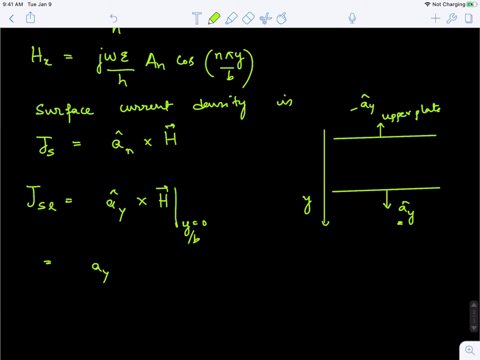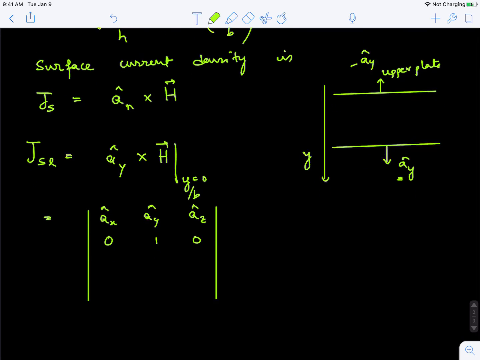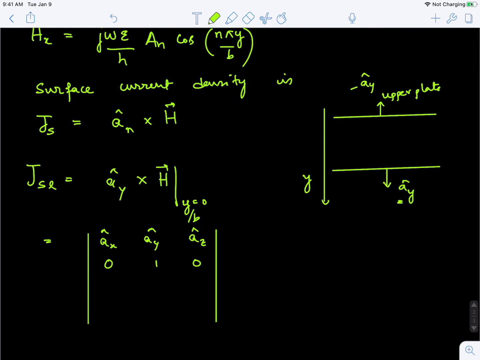So a_y cross H. Once we have a cross product, we'll have to do matrix multiplication: ax, ay, az, so 0, 1, 0, and H. H has only an x component, so the other terms are going to be 0.